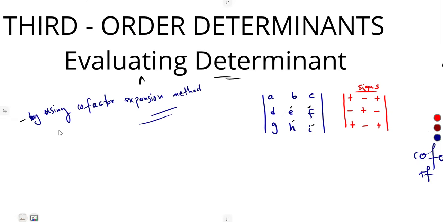We are going to expand any row. Is it the first one, the second one, the third one? You expand any row or any column, any one of your choice, using cofactors.